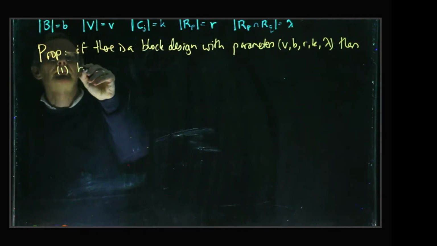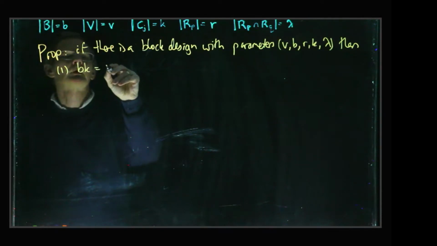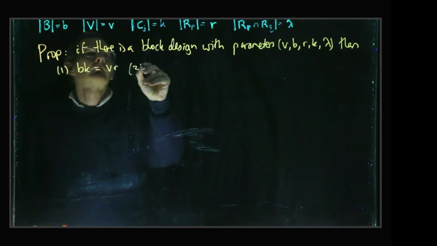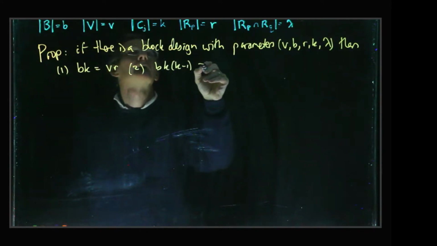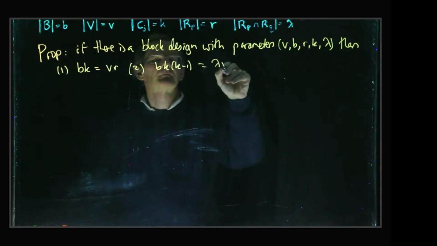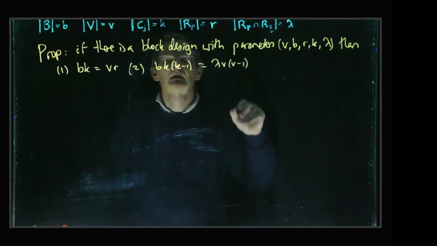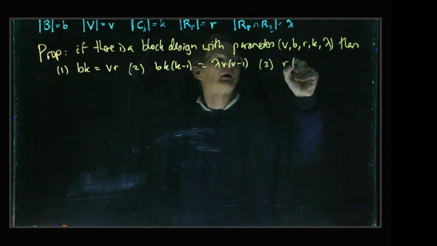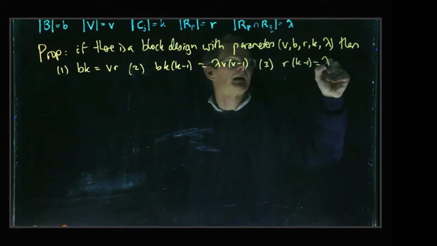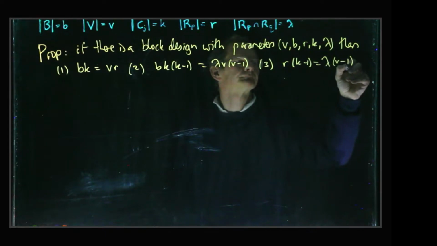Firstly, bk is equal to vr. Secondly, bk(k minus 1) is equal to lambda v(v minus 1). And thirdly, r(k minus 1) is equal to lambda(v minus 1).